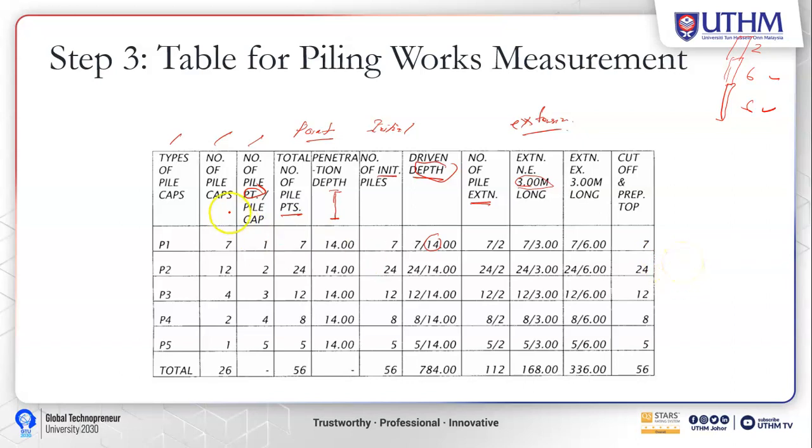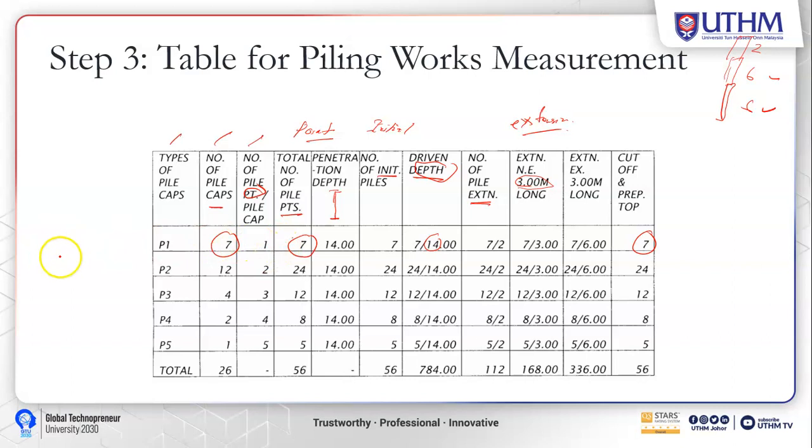If we have the total number of pile points for pile cap type 1, P1, 7, so normally it will be the same as the number of pile points, and also the number of cut off or cutting off the piles. How can we indicate or interpret by using this table?